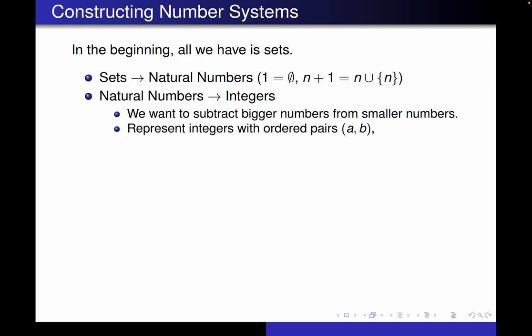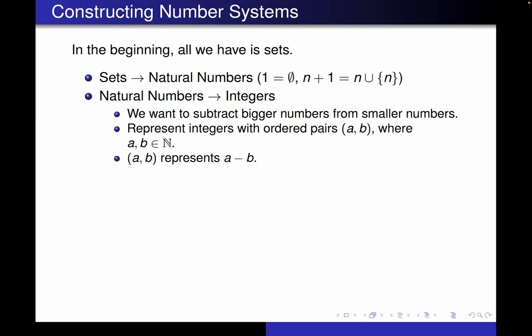In order to facilitate that, we represent the integers with ordered pairs. If this sounds familiar, it's exactly what we did in the first video, so don't feel like we're doing anything new, well, new that you haven't seen before, I should say. So a and b are natural numbers, and they could be any natural numbers. It doesn't matter which one. a could be smaller, b could be smaller, they could be the same.